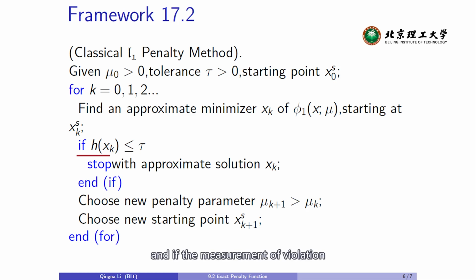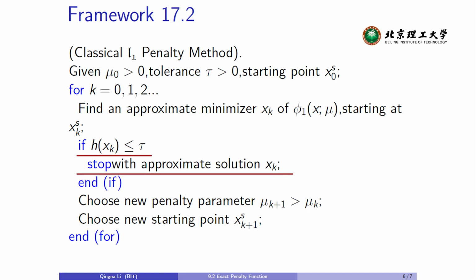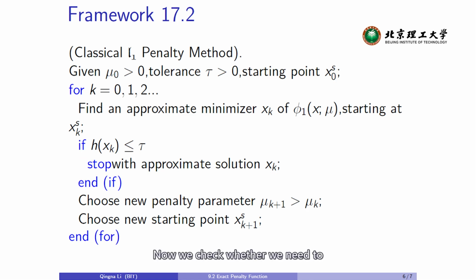If the measurement of violation is smaller than or equal to tau, then we stop the inner solution and return the current iterate xk. Now we check whether we need to stop the outer loop.